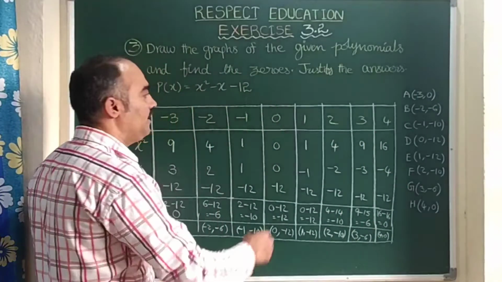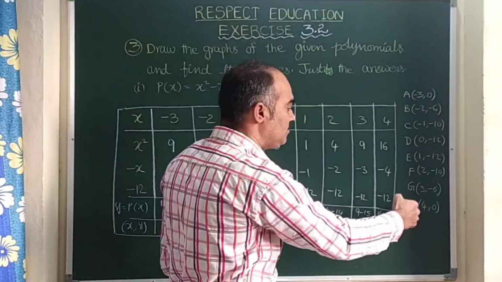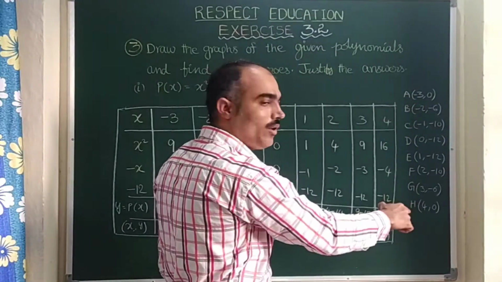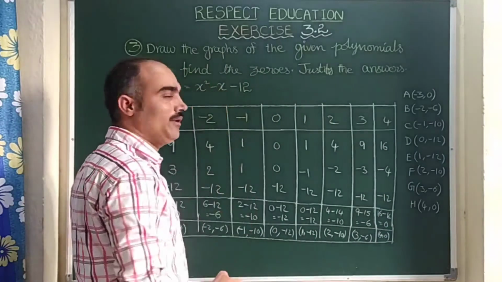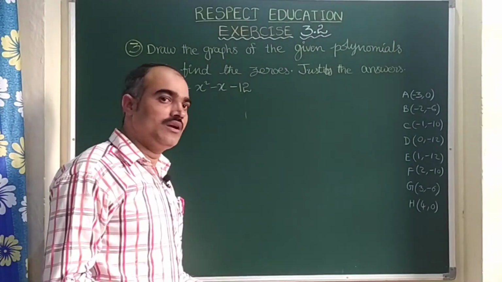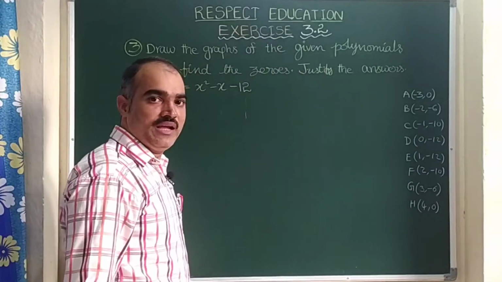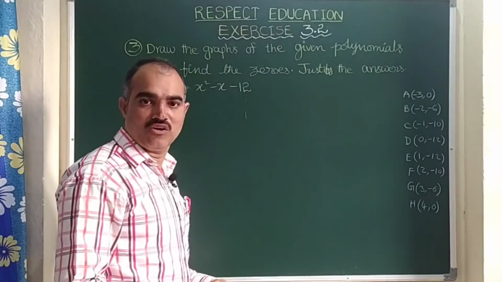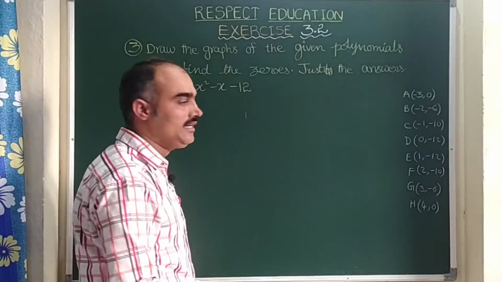Now with these values I am going to plot the points which indicate the graph of the given polynomial, right? Now let us plot these points in a graph paper. Actually here children, you need to use a graph book or graph paper, whereas here I will explain how to plot the points, right?